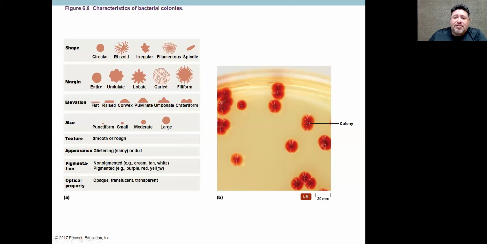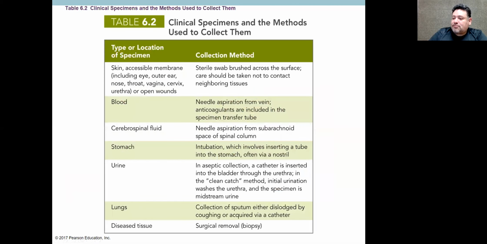All those different colors are different types of bacteria. Okay, and then is the cell transparent? Is it translucent? Can we see light through it? Is it opaque? Can we not see any light through it? So all these are traits that allow us to describe macroscopic morphology effectively.